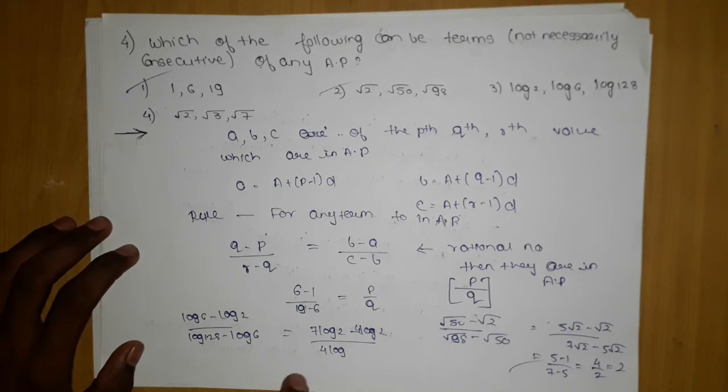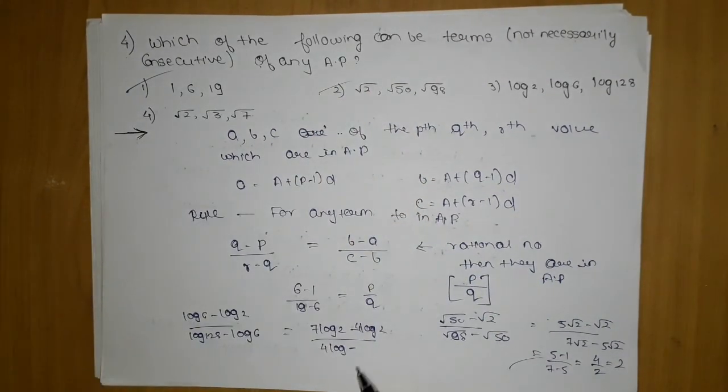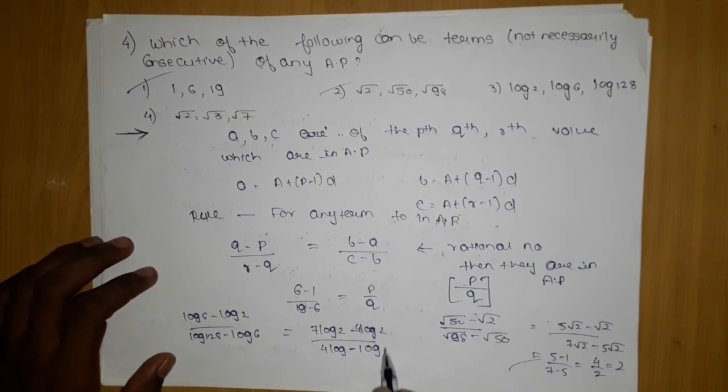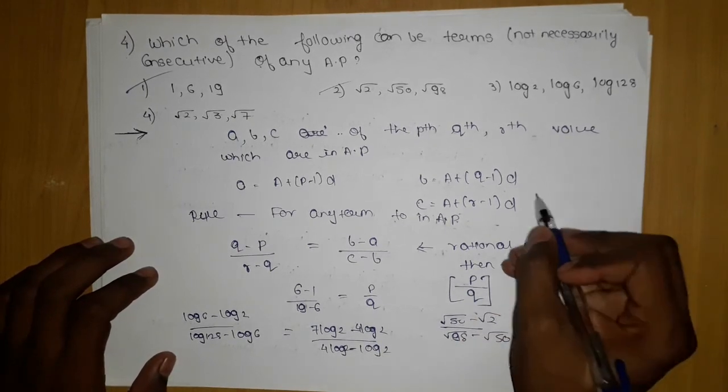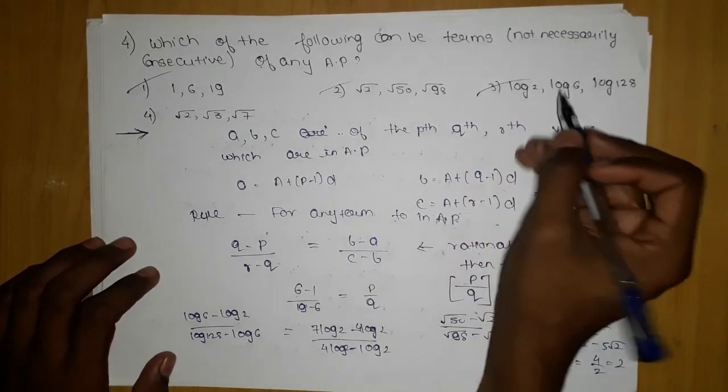Okay, I think I should have taken the bigger number first. Fine, doesn't matter, either you take these two minus or these two upon, doesn't matter. Upon 4 log 2 minus log 2. So here log 2 will cancel out from all, and we will again get a rational number, that is 1. So the third option is verified.